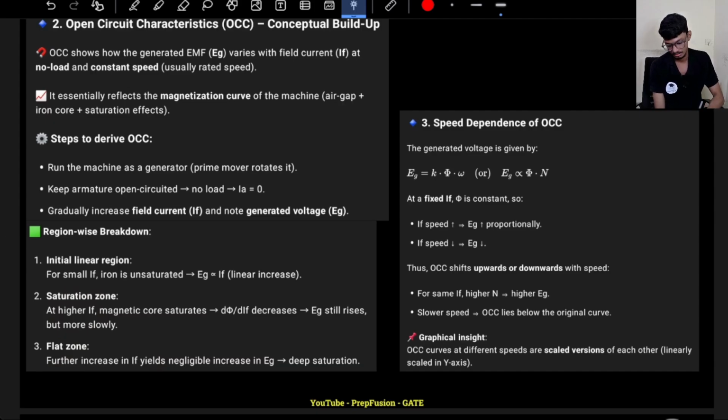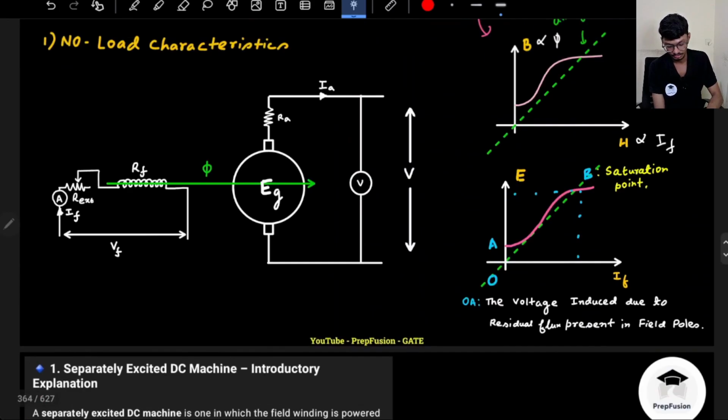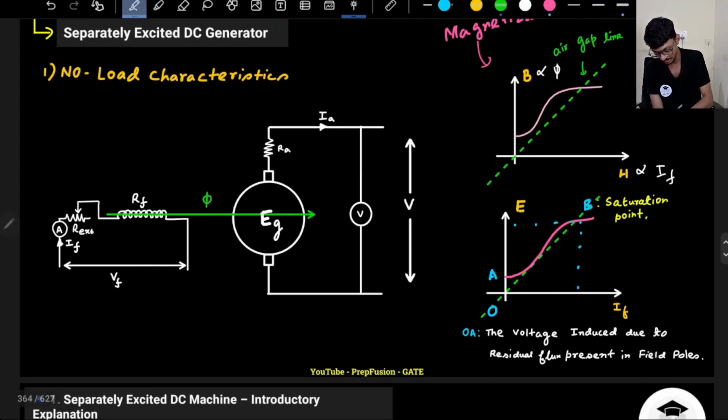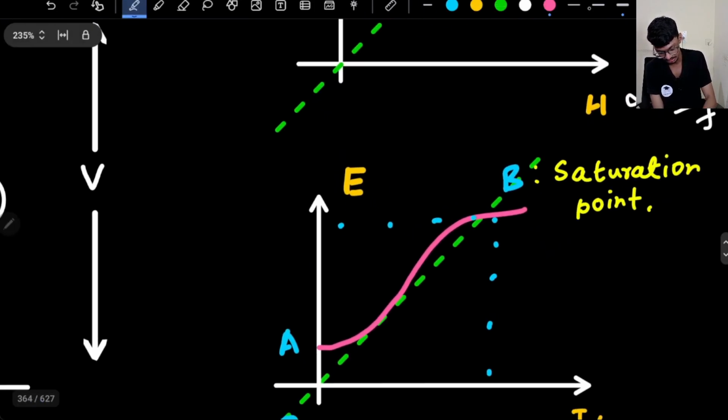Now if I keep the flux constant and vary the speed, a similar thing happens, but Eg will increase totally proportionally. If speed is increased, the open circuit characteristics will shift upward, and if speed is decreased, they will move downward. Let's say this is some speed n1.